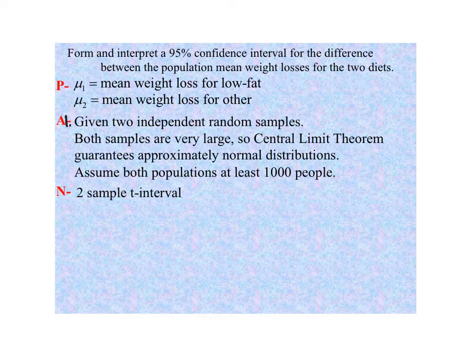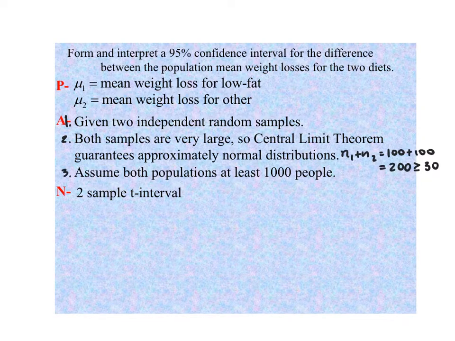Number 2, both samples are very large, so the central limit theorem guarantees an approximately normal distribution. Here I would check what's n1 plus n2, which is 100 plus 100, which is 200, which is definitely greater than or equal to 30. Okay, so that's step 2.